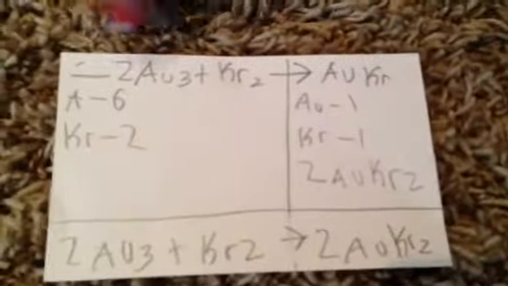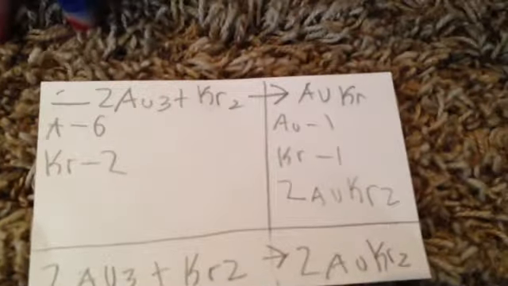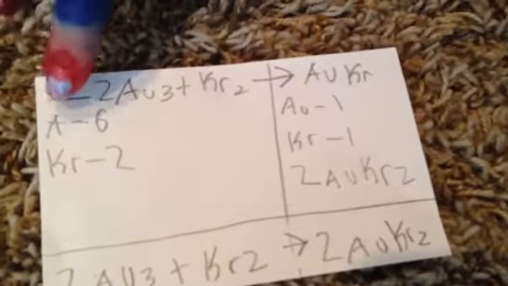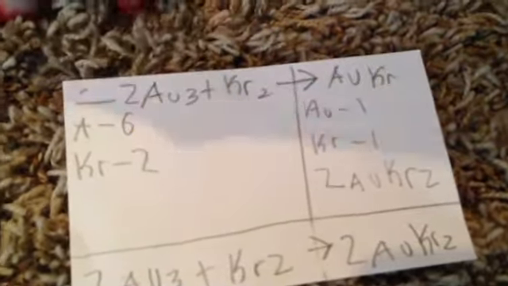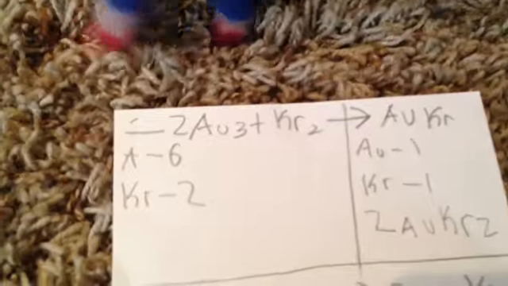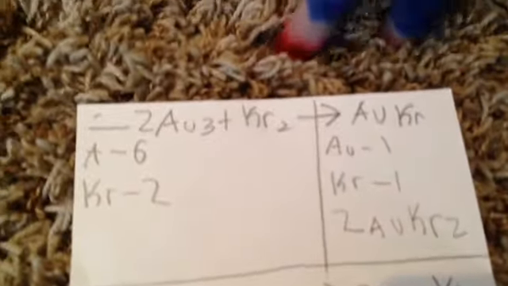He wrote down how many A's there are, which is 6. Next, he wrote down how many KRs there are, which is 2. Next, he went over to the product side, and he saw how many AUs there were.